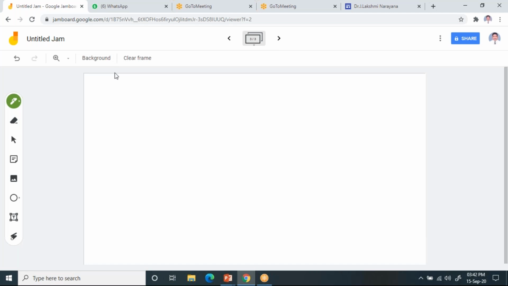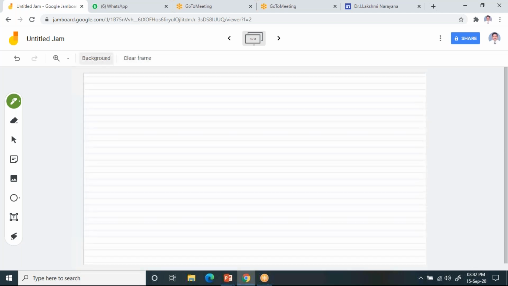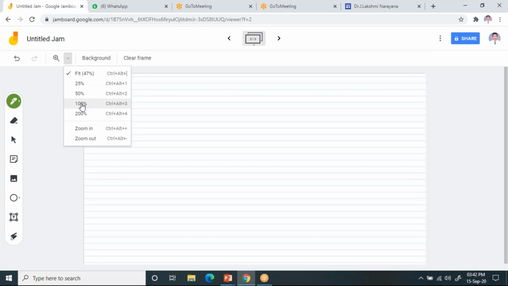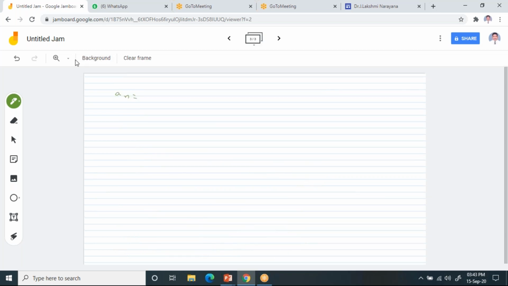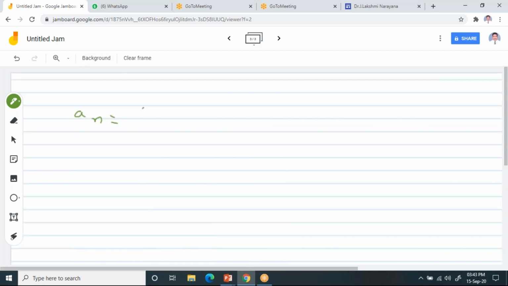Now my an, I can write as, observe this previous slide. Now you can see v by n pi and all this we have. So 2, which is common, I can take outside. So 2v by n pi I'm going to write.